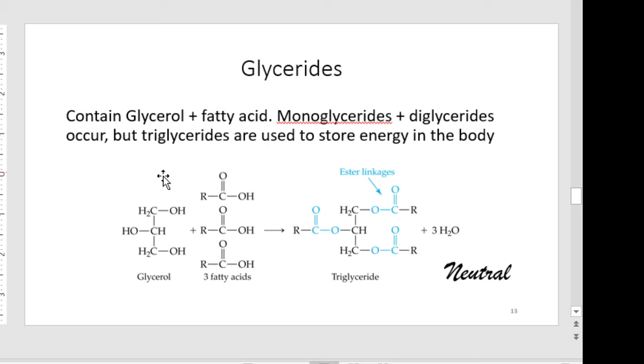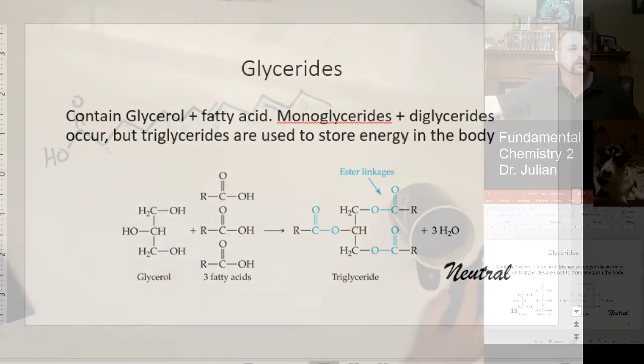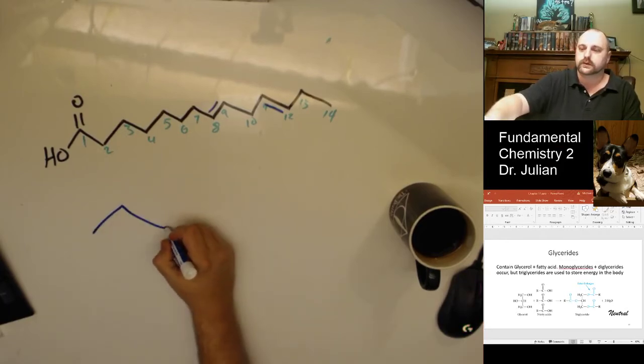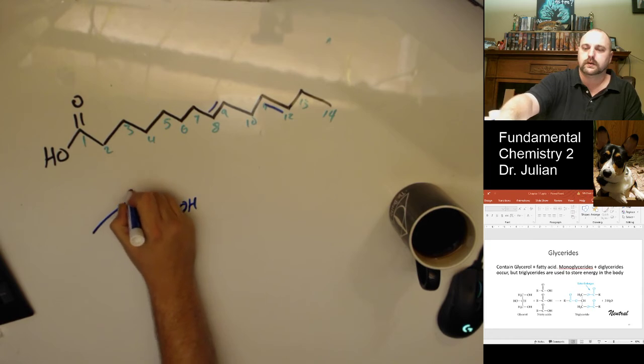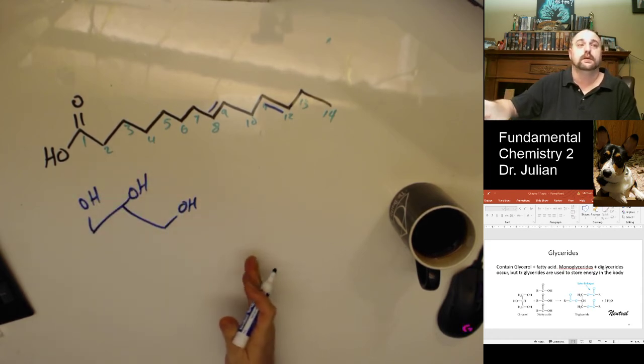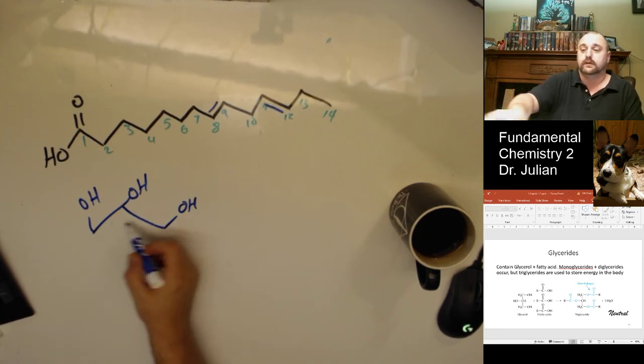Now glycerides, you're going to take this compound here, which is glycerol. The way it's drawn there is a little bit troublesome. So when we look at glycerol, it's just OH, OH, OH. Easy enough. So it's propane.